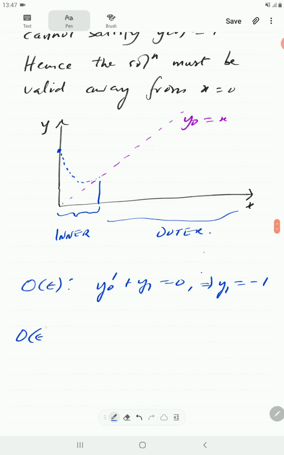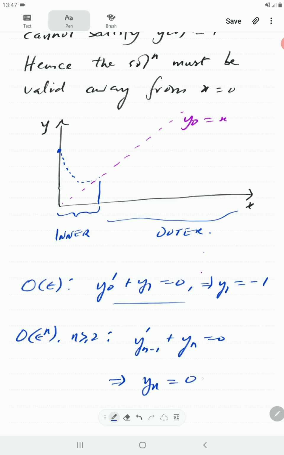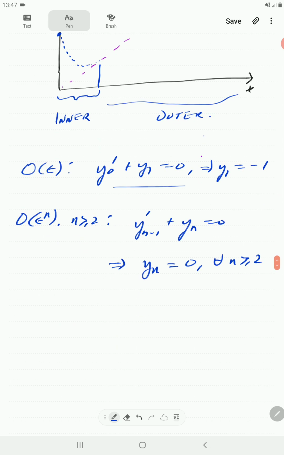And then at order epsilon to the power n, where n is 2 or greater, the equation is pretty similar in structure, but the only difference is that all these terms are going to be 0. For instance, y1 prime is 0, so y2 is going to be 0. So yn is going to be 0 for all n 2 and greater.